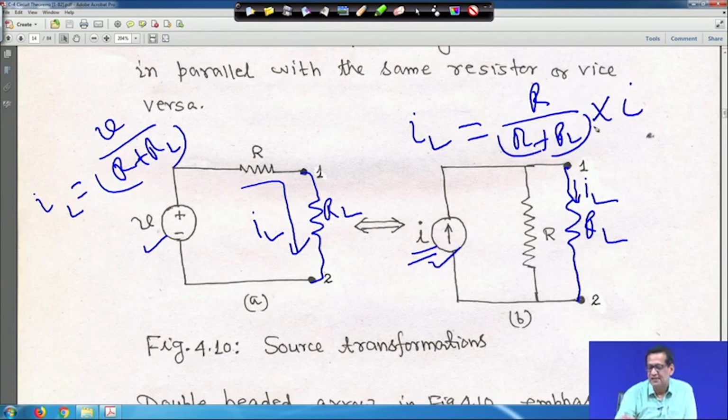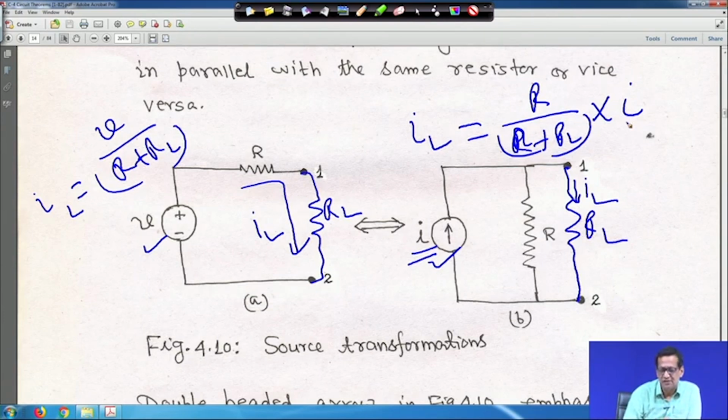For equivalence, both IL must be the same. Here it is V upon R plus RL, and here IL is R upon R plus RL into I.